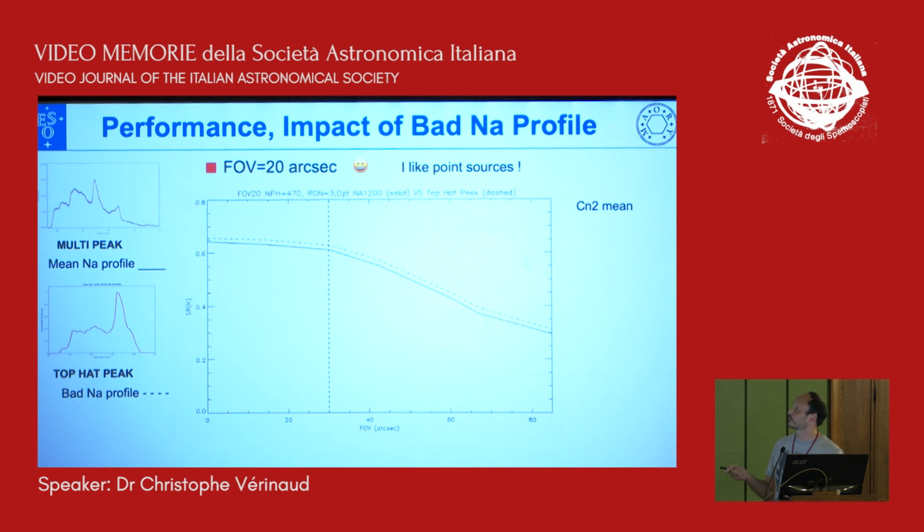And here you see that for the field of view 20, actually, he prefers the bad one, because it looks like a point source for him. Because he always sees a point source, so it's good for him.